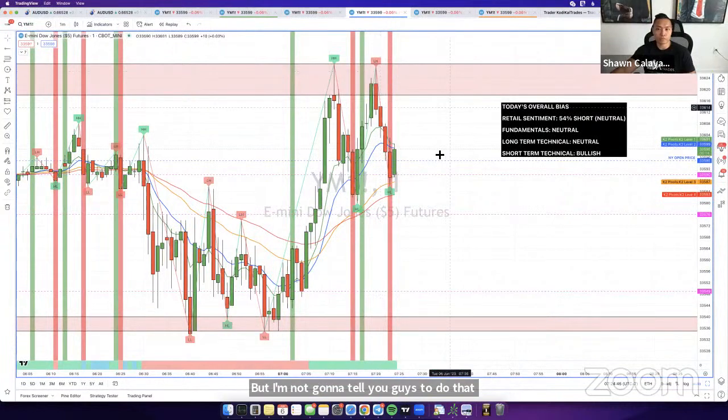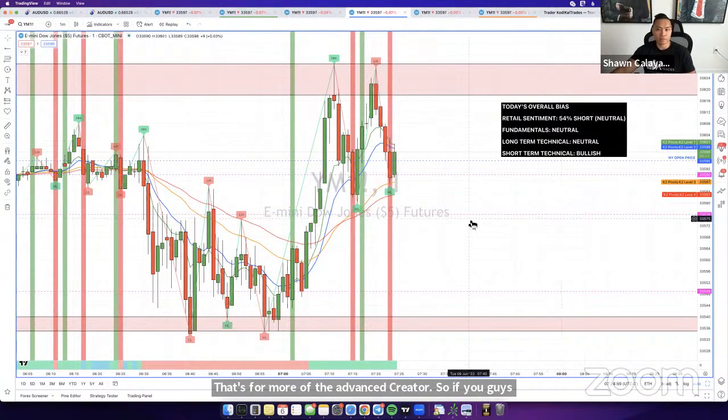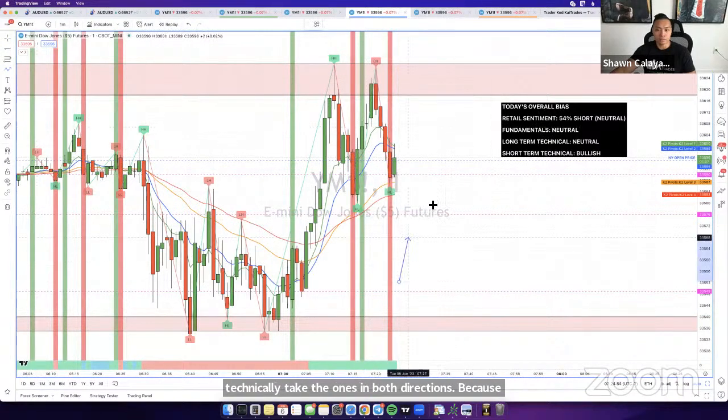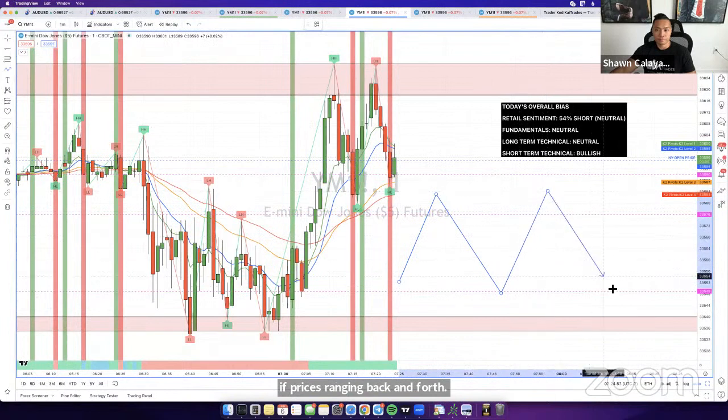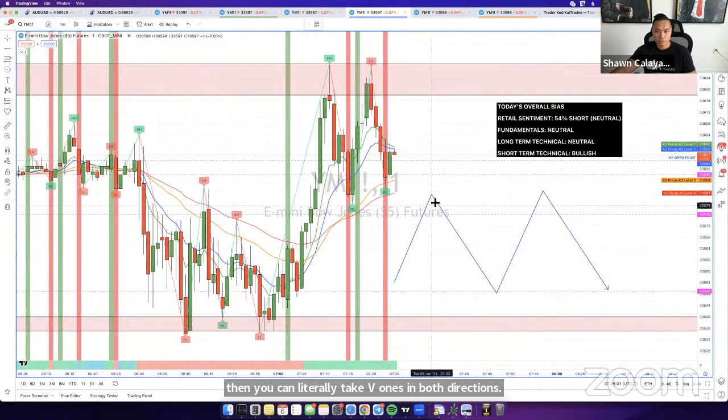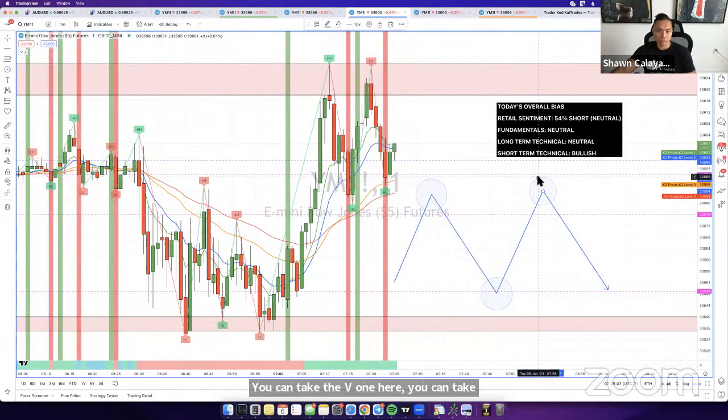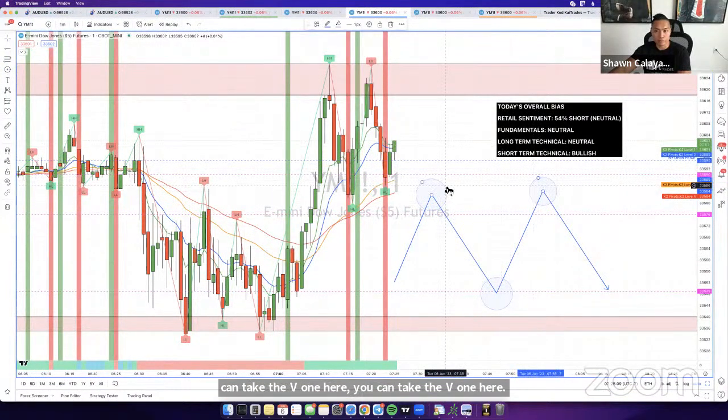So if you guys know what you're doing with the V1s, you can technically take V1s in both directions, because if price is ranging back and forth, then you can literally take V1s in both directions, right? So if price is doing this, you can take the V1 here, you can take the V1 here, you can take the V1 here. It's doable and it's possible, but it's very risky.